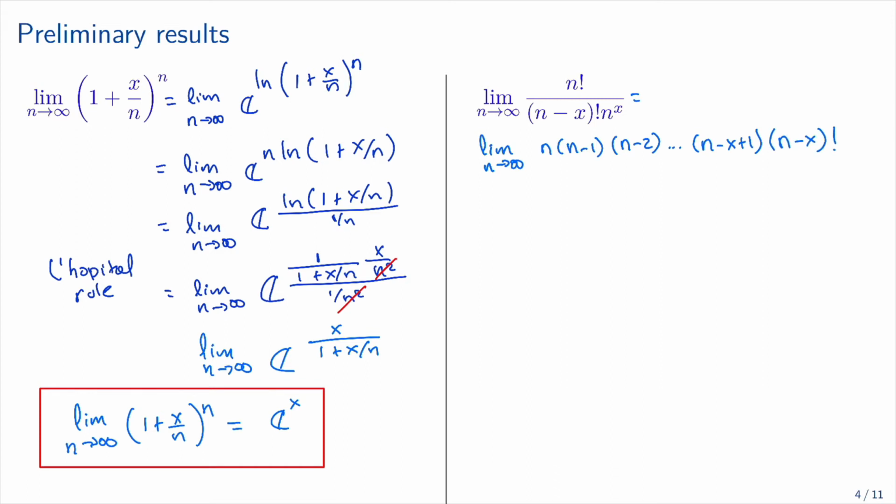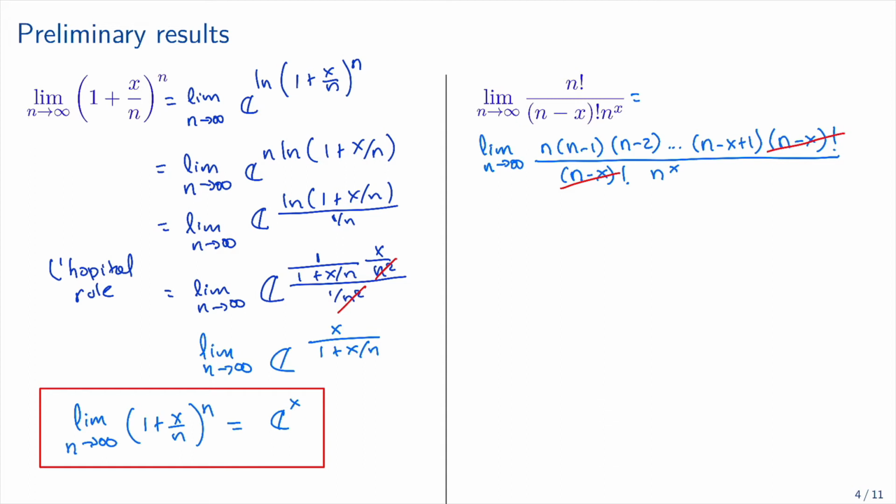So all the next terms are included there, divided by n minus x factorial multiplied by n to the x. So we can see here that n minus x factorial cancels with this n minus x factorial.